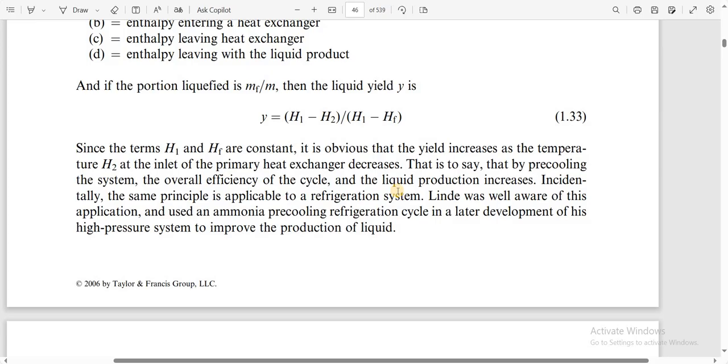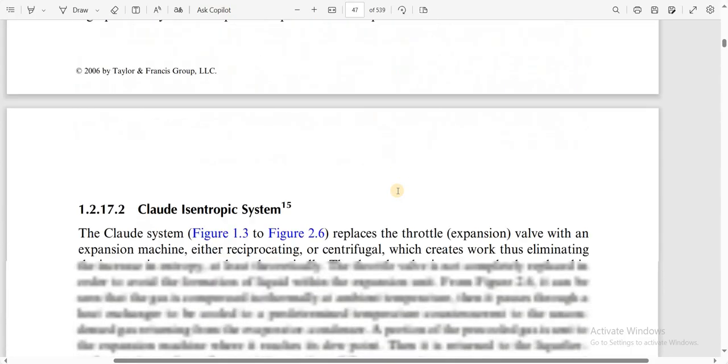That is to say, by pre-cooling the system, the overall efficiency of the cycle and the liquid production increases. Incidentally, the same principle is applicable to a refrigeration system. Linde was well aware of this and used an ammonia pre-cooling refrigeration cycle in a later development of the high pressure system to improve liquid production.